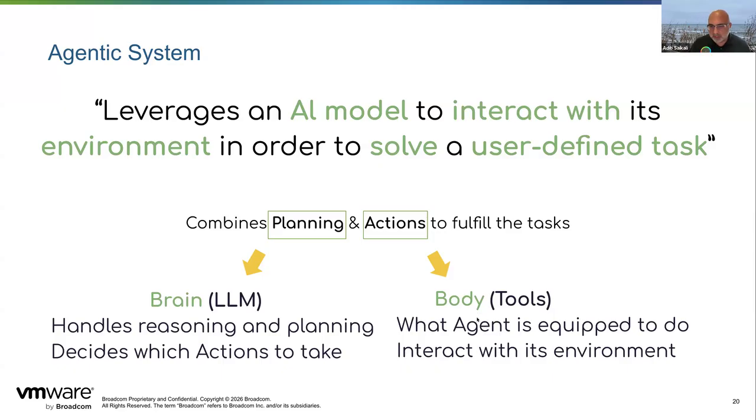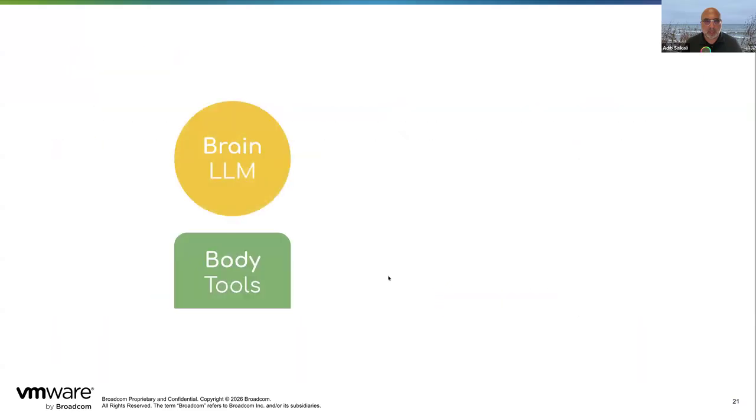Now, the tools are going to be all the APIs you want your agent to call in order to accomplish the task. The tools are the things that you provide. They don't come with the model. You have to provide the tools to the agent. Then you've got the brain, which is the model that you rent out from an AI lab of some kind.